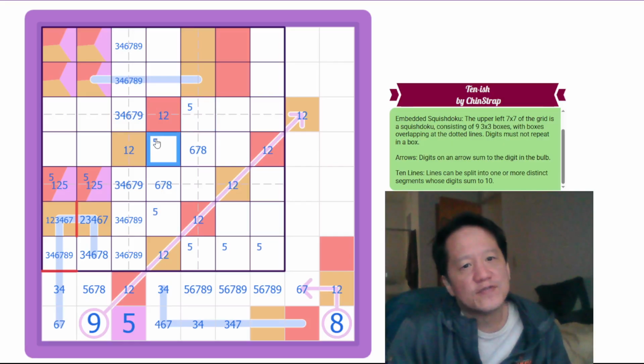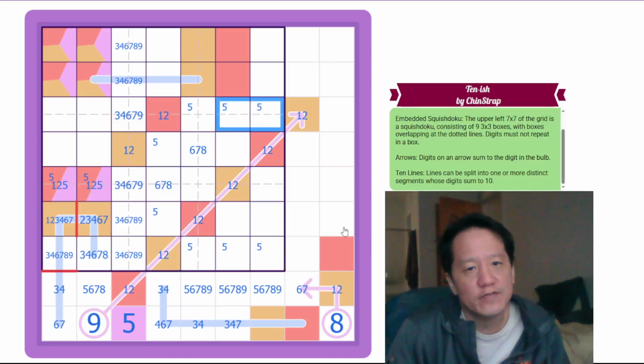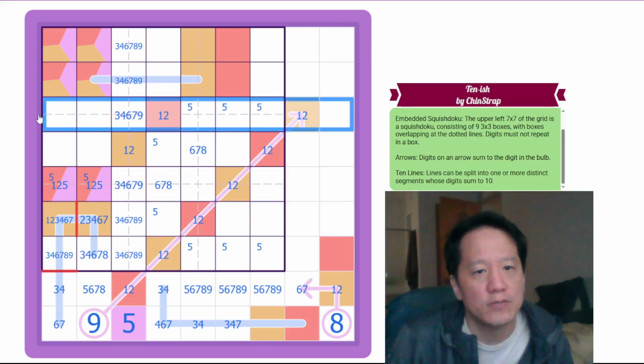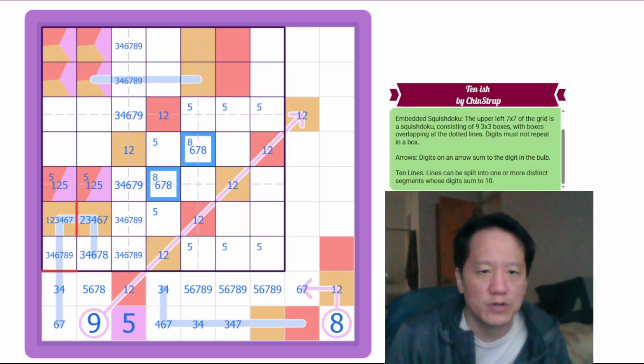Or if this is 5, that means this would have to be 5, which eliminates 5 here, and then one of these two would be 5 here. So this cannot be missing a 5 in row 3. We're guaranteed a 5 here. So again, for the 5 in box 5, 8 has to be one of these two, first of all.